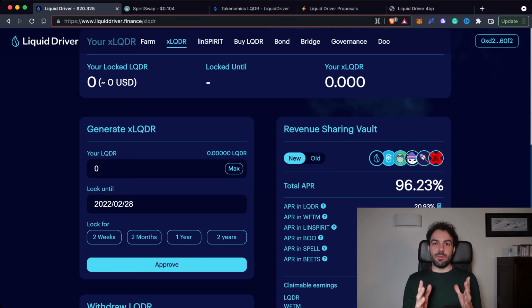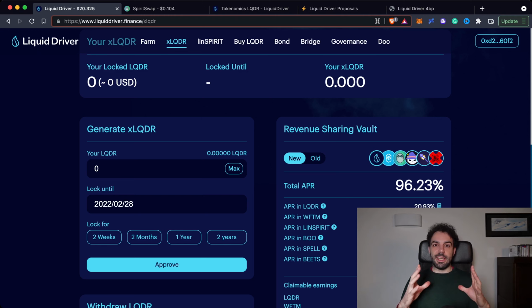What does it mean? It means that all the tokens that were collected through all the farming features will be redistributed, at least in a certain amount, to all the users that are staking the Liquid Driver tokens. In this way, they are creating use cases and an incentive to hold the Liquid Driver token instead of pushing people to just sell it.